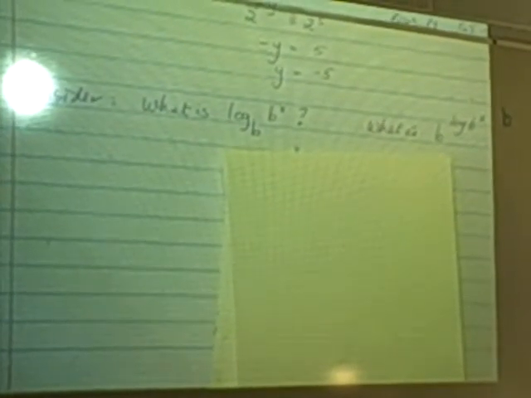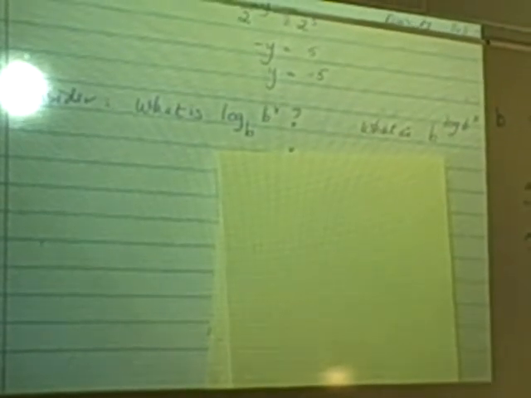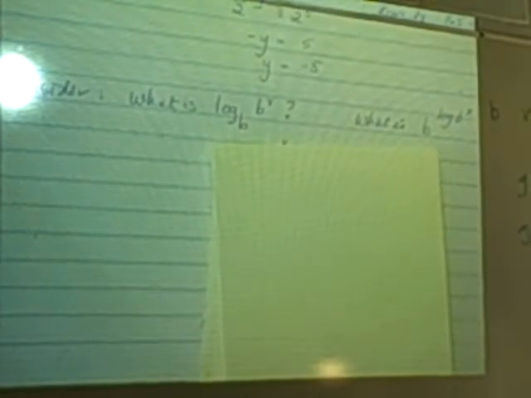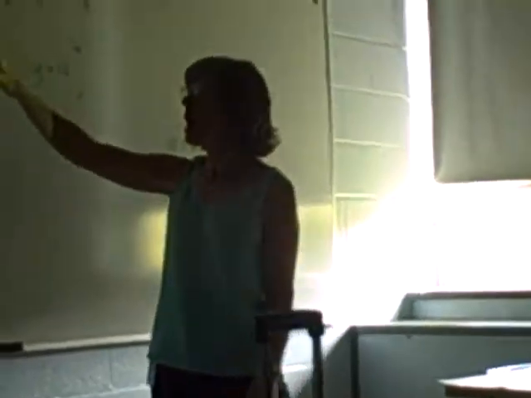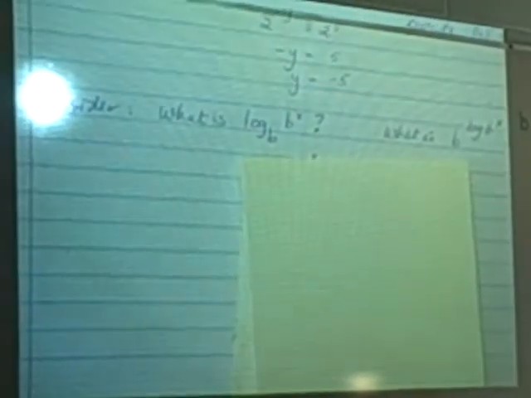What is the answer to a logarithm? An exponent. That was a little cha-cha for you there. Okay, so what is the answer to a logarithm? An exponent. I'm going to give these to you a million times. So the answer to a logarithm is an exponent.